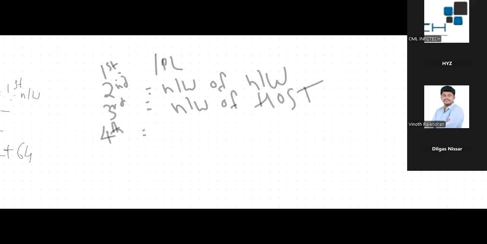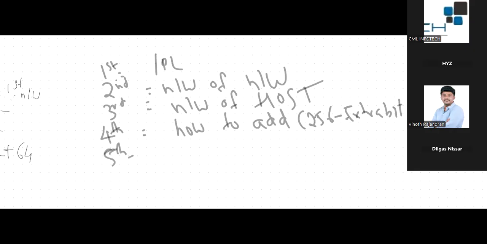Fourth, how to add, which is 256 minus the extra bits on value. That's it. Then you have the subnet mask to define.